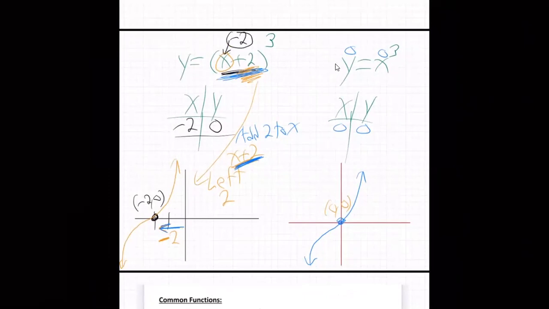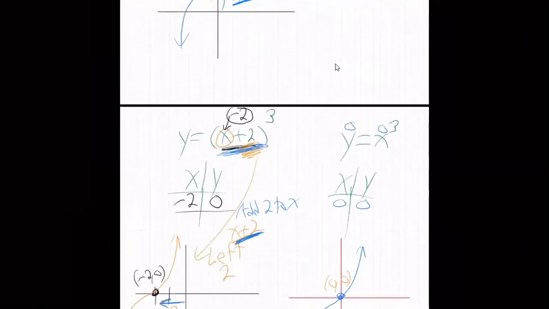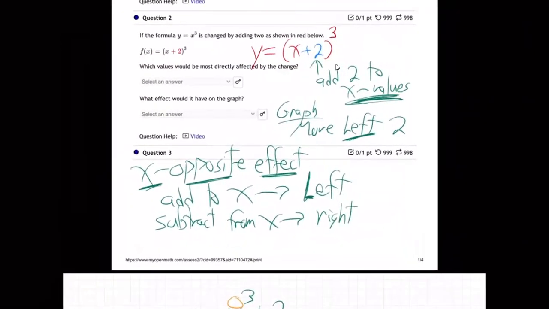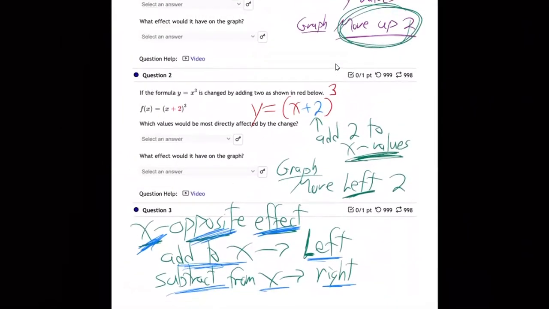All right, so you have to remember it's not just for this graph, it's for all the graphs. It's a graphing principle. What is? That x has the opposite effect. Adding to x makes you go left, subtracting from x makes you go right. Whereas y has the normal effect.